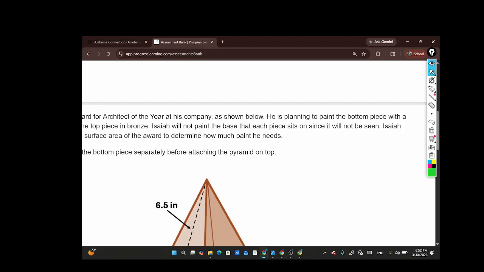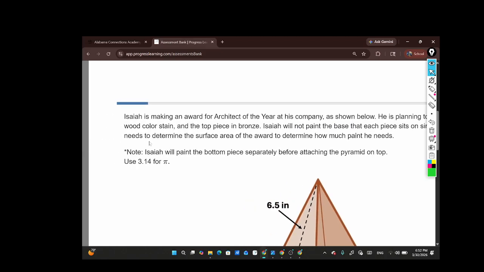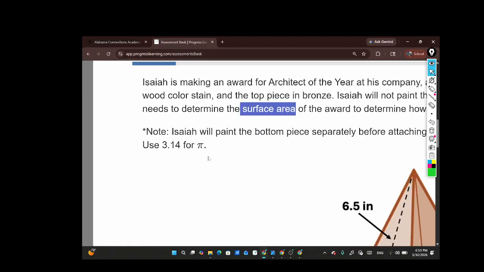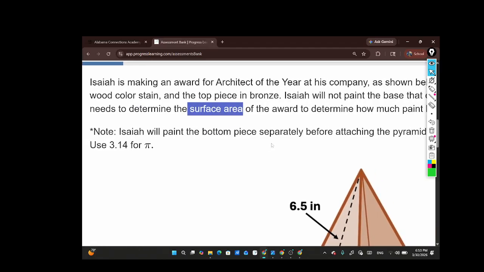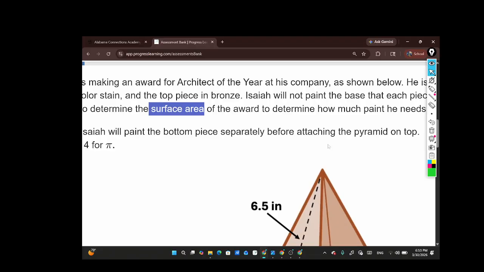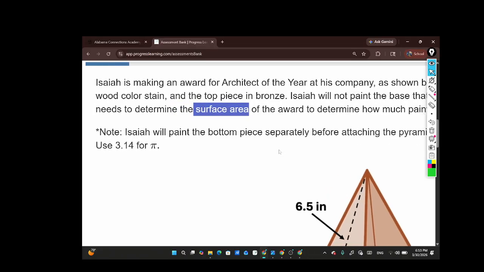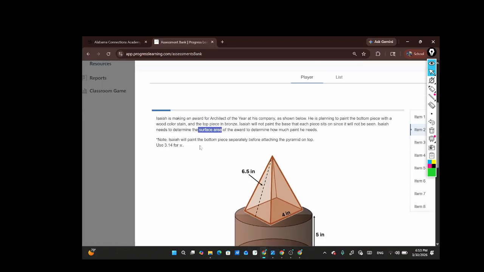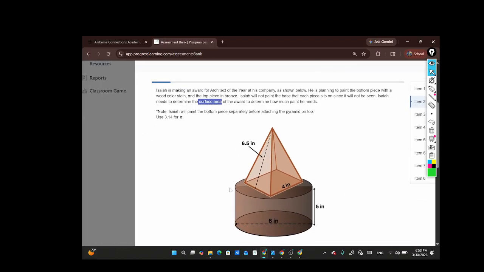Now Isaiah needs to determine the surface area of the two awards to determine how much paint he needs. Isaiah will paint the bottom piece separately before attaching the pyramid on top. The question suggests using 3.14 for pi. How do we use all this information to know more about these shapes?